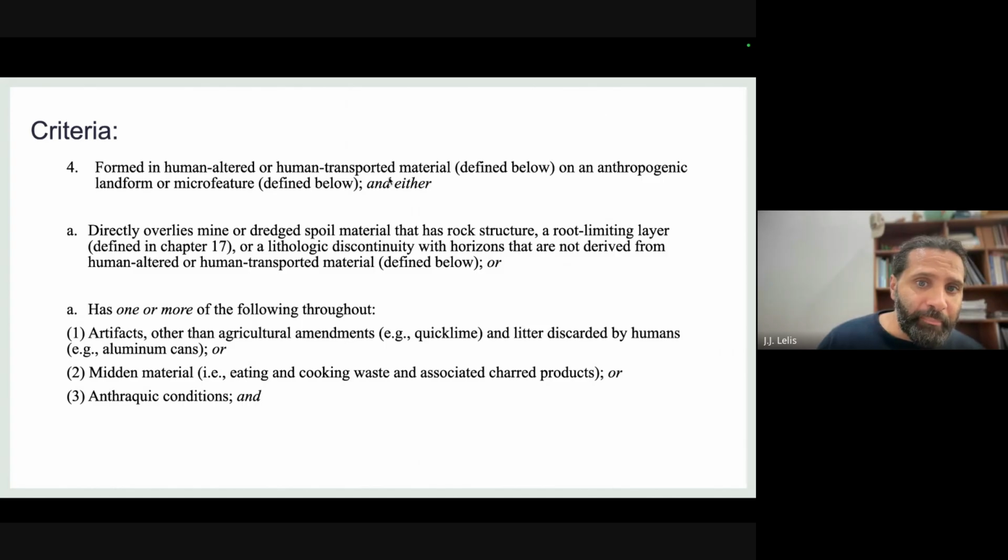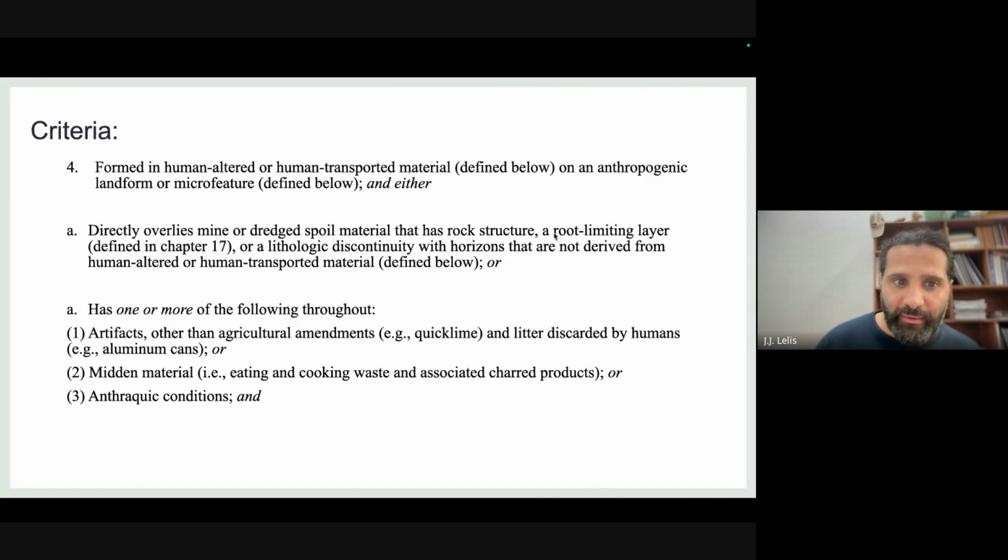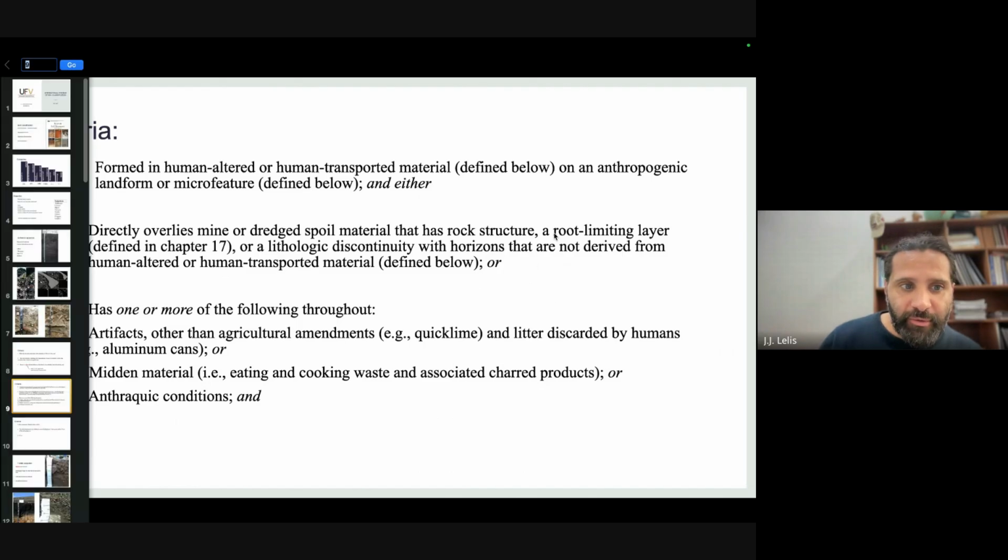Of course, besides that, you need to find something that directly overlays mined or dragged spoil material that has this rock structure. So you can see that any kind of material that was mined and modified and transported by humans, you also can find the anthropic pattern if this specific layer directly overlies this material that was mined, okay, and transported and modified by human actions, okay?